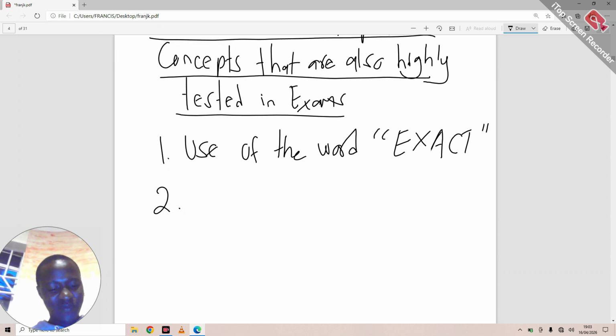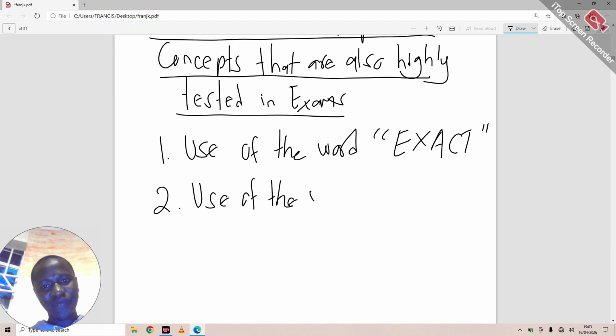Number 2, use of the words to the nearest.